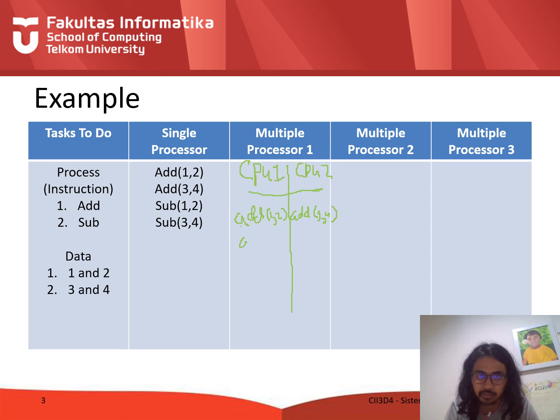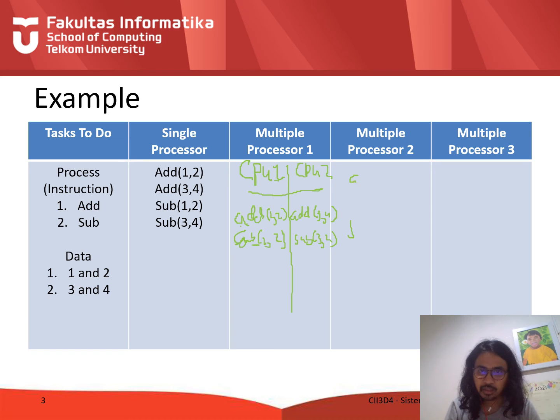And if CPU 1 does sub 1 and 2, CPU 2 can do sub 3 and 4. So it's faster.